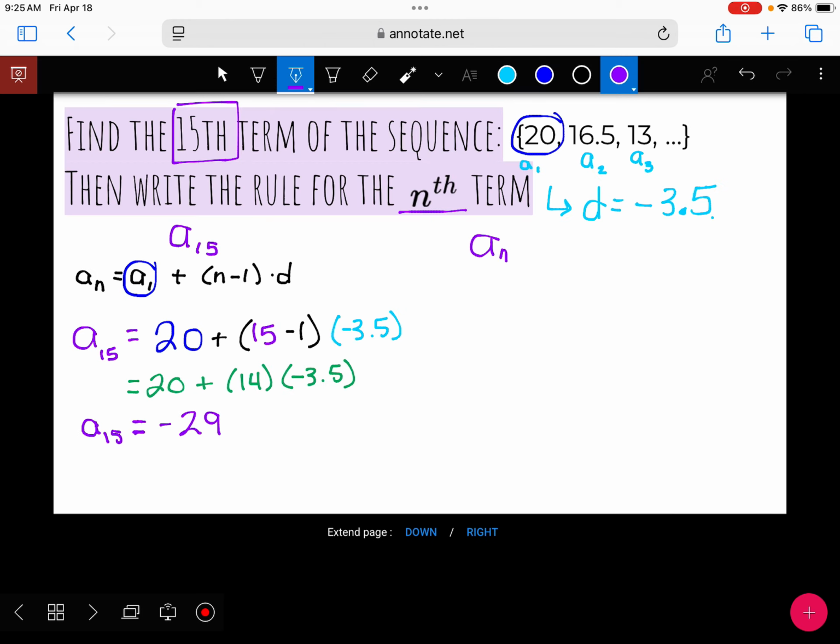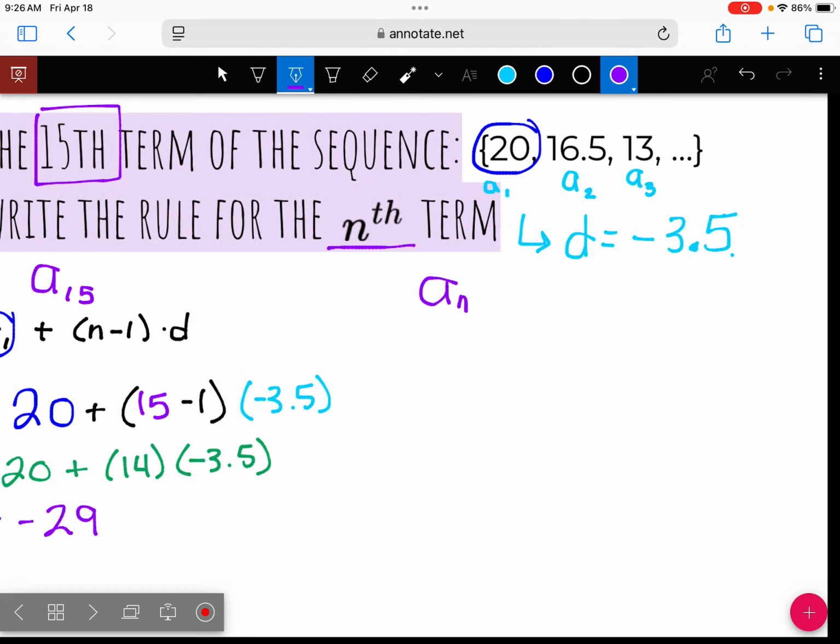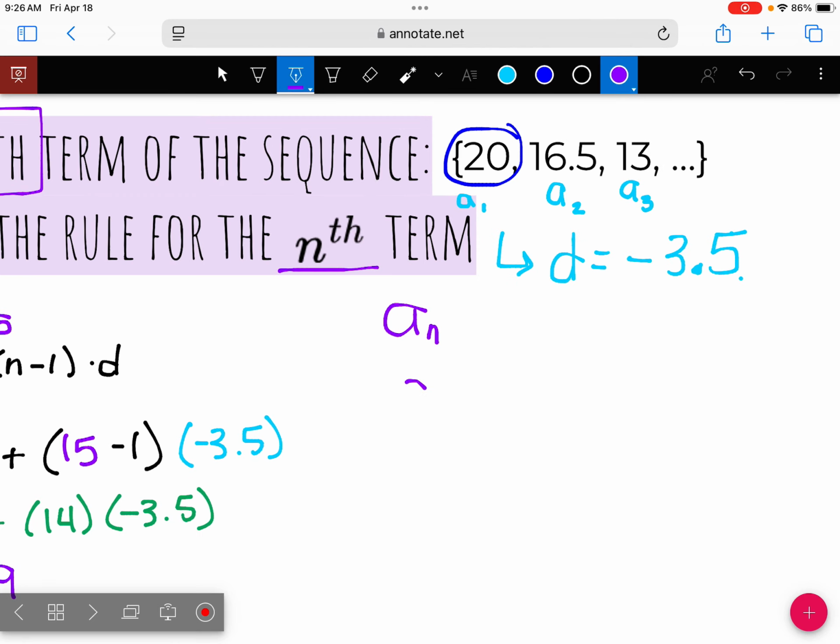Okay, and I could do this with any of our terms. I could set this up using our a sub n equation, and I could use a sub 2. I could use a sub 3. Any of them will work. When we're writing our a sub n, our generic version, instead of substituting in a 15, we're going to substitute in n, and we're going to wind up with an equation. So with a sub n, I'm going to use that same setup.